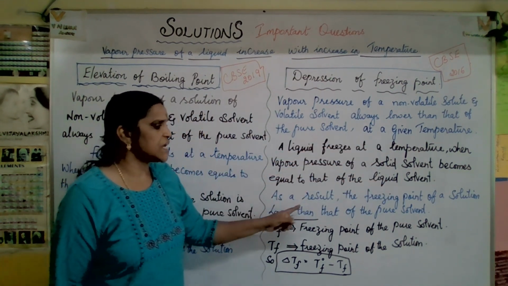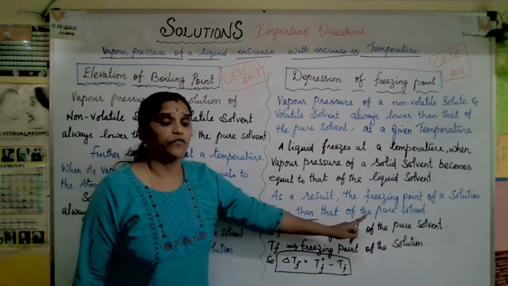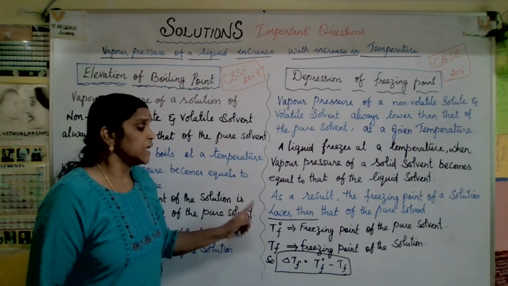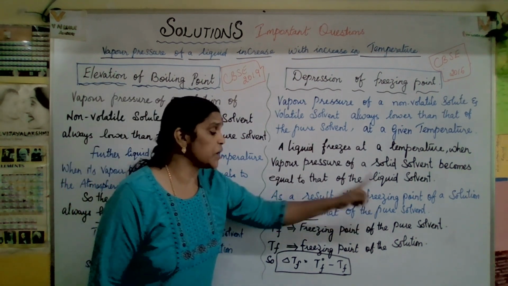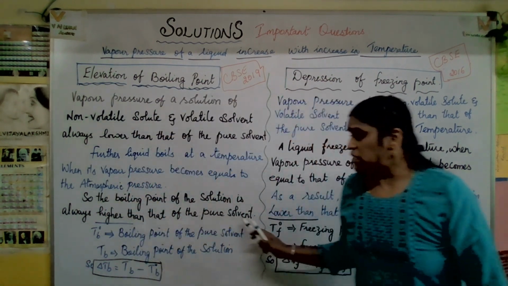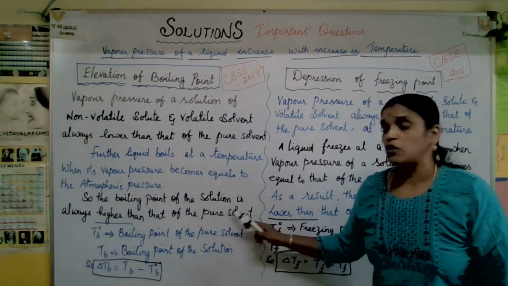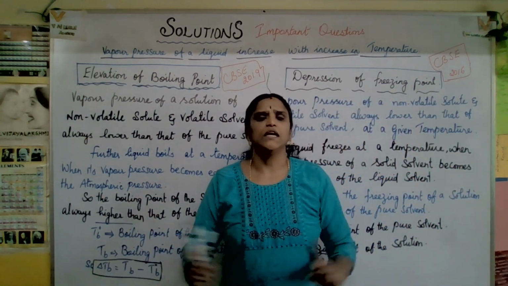As a result, the freezing point of a solution is lower than that of the pure solvent. Whereas boiling point of a solution is always higher than that of the pure solvent. Only here it varies.